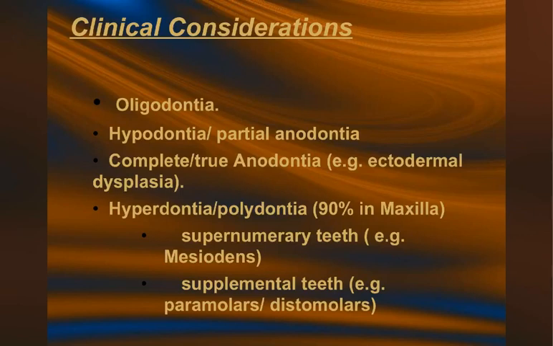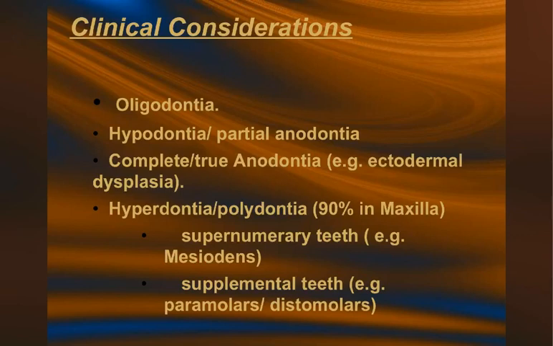The opposite, we have extra teeth, is called hyperdontia or polydontia. It takes place in 90% of cases in the maxilla. And there are two types of hyper or polydontia.